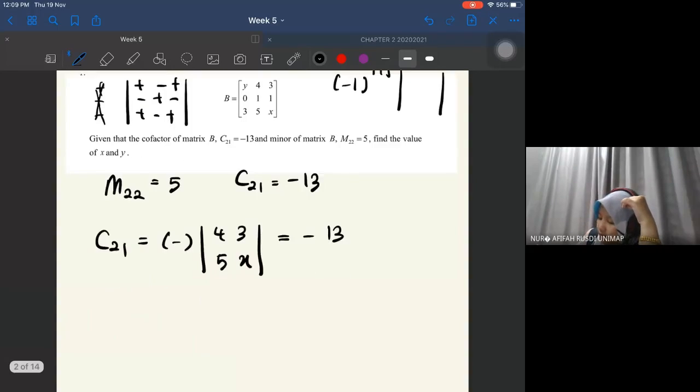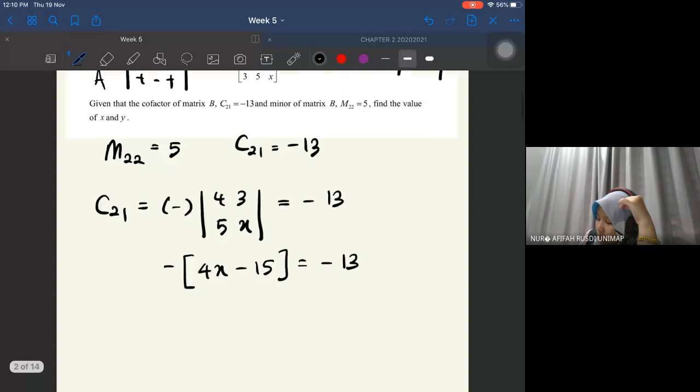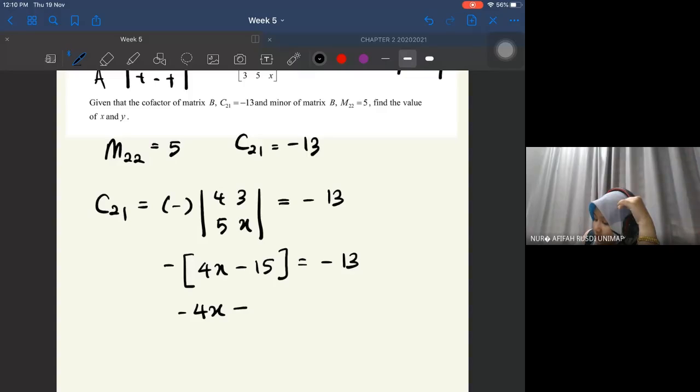Okay, so solve for this one will give you 4x minus 15 is equals to negative 13. So if you expand, you will have negative 4x plus 50 is equals to negative 13.